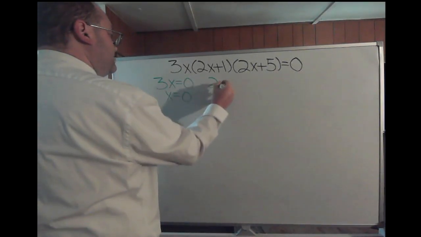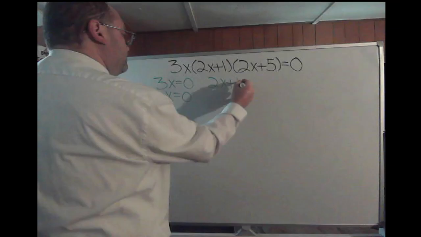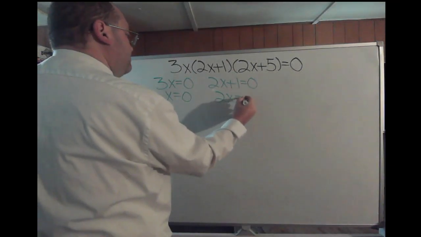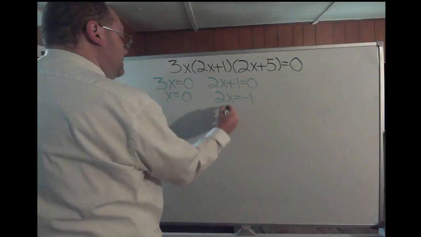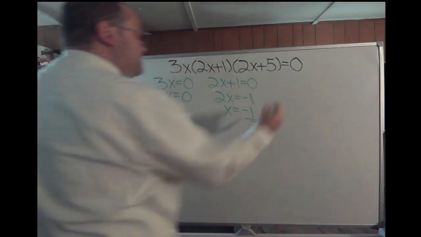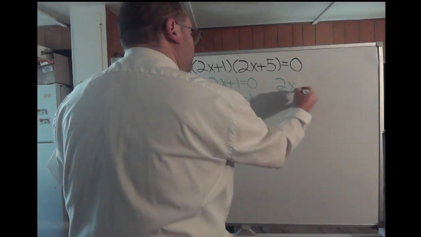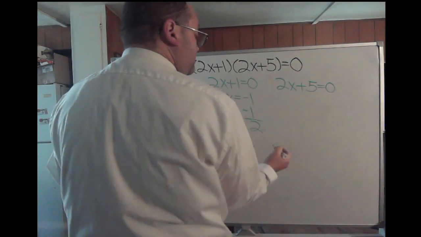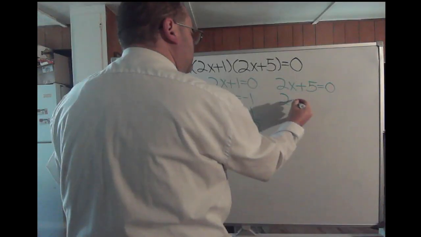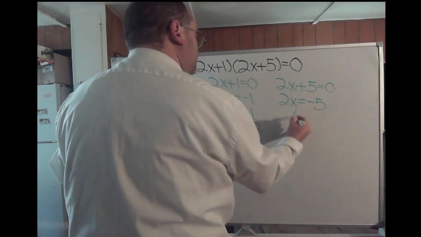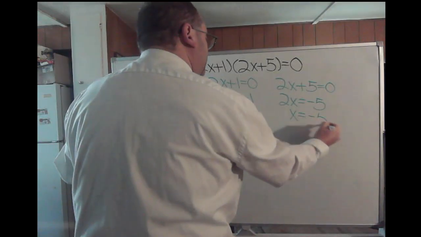Take your 2x plus 1, set that equal to 0. Well, then 2x equals negative 1. X equals negative 1/2. And then take your 2x plus 5, set that equal to 0. Well, 2x equals negative 5, so x would equal negative 5 halves.